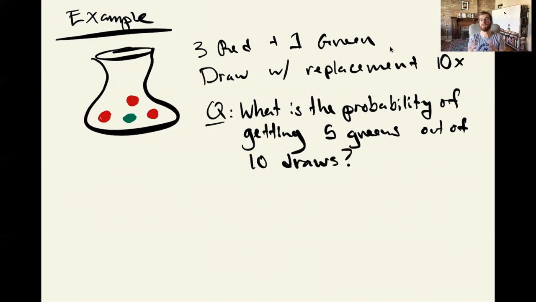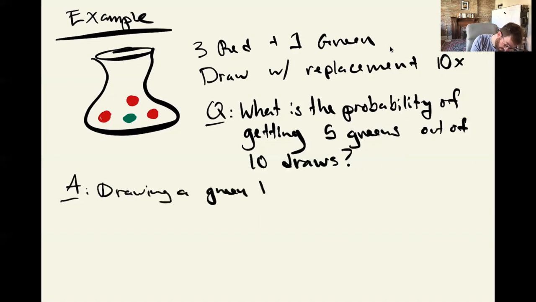So that's the question. It seems basic enough, but now you need to figure out how to model it using the language and math we just introduced. So for example, I want to think of getting a green ball on a draw as a success. So here's the answer. Let's say drawing a green ball is a success.